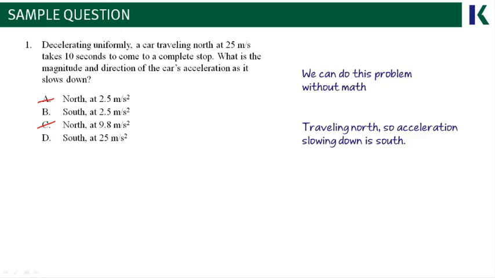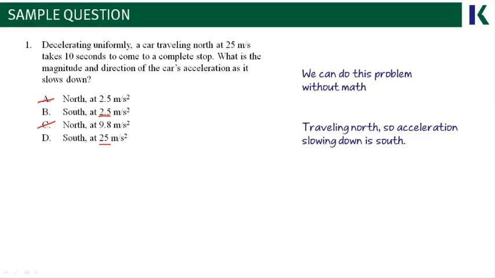Take a look at the numbers in each of these. In B, we have 2.5 meters per second, and in D, we have 25 meters per second. Now just ponder what answer choice D means for a moment. If that is our deceleration that we're experiencing in this problem, we were only going 25 meters per second to start with as our velocity.